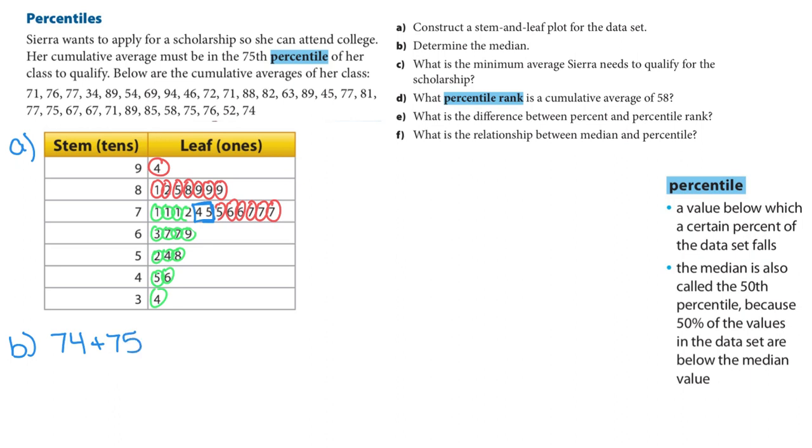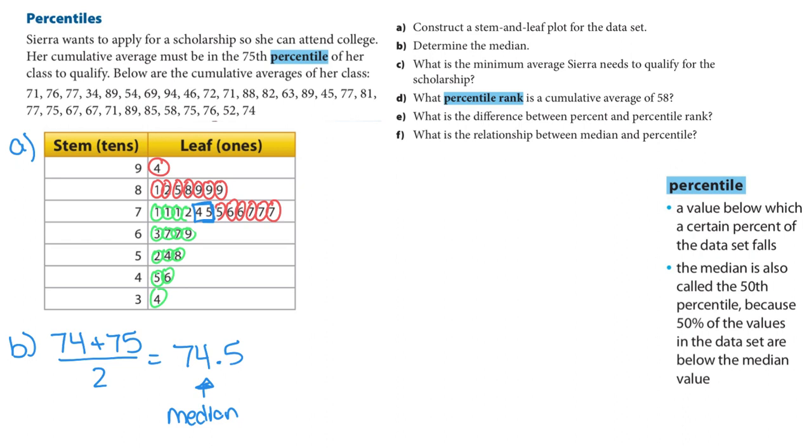So we do 74 plus 75 divided by 2. And you'll still get 74.5, which is the median. So it is also the 50th percentile, which is what we just learned about percentiles, which means half of the data is below 74.5 and half of the data is above 74.5.